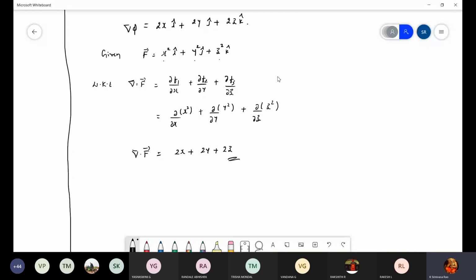Now curl f. Again, we know that curl f equals determinant of i, j, k, dou by dou x, dou by dou y, dou by dou z, f1, f2, f3, or you can substitute what is f1, f2, f3 directly.